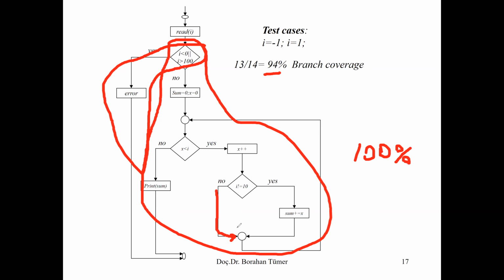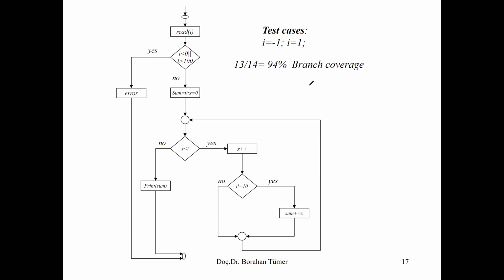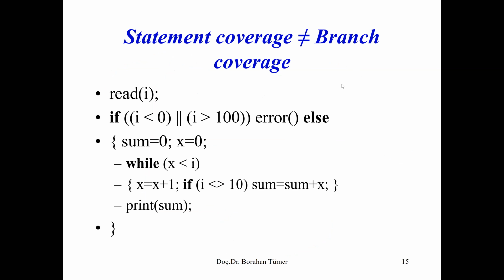But since there is no node here that is not stimulated using these two test cases, I'm sorry, yes, using these two test cases, we still have a full statement coverage. And this tells us that branch coverage is not equal to statement coverage. Well, this slide was the proof of this claim.